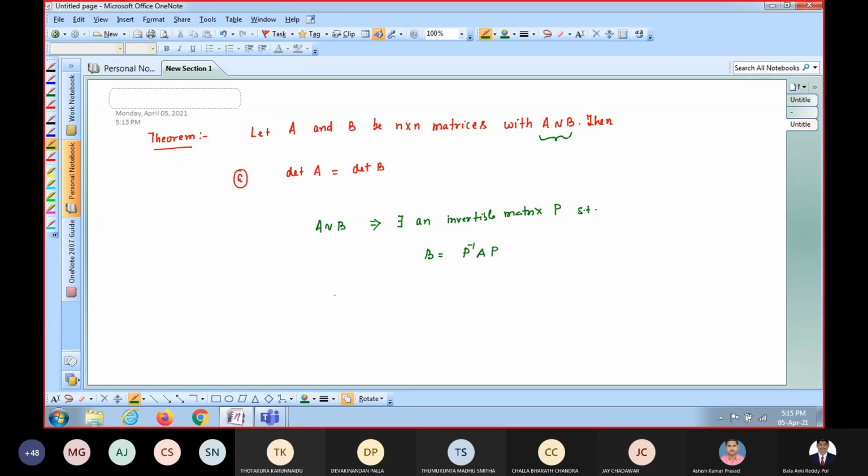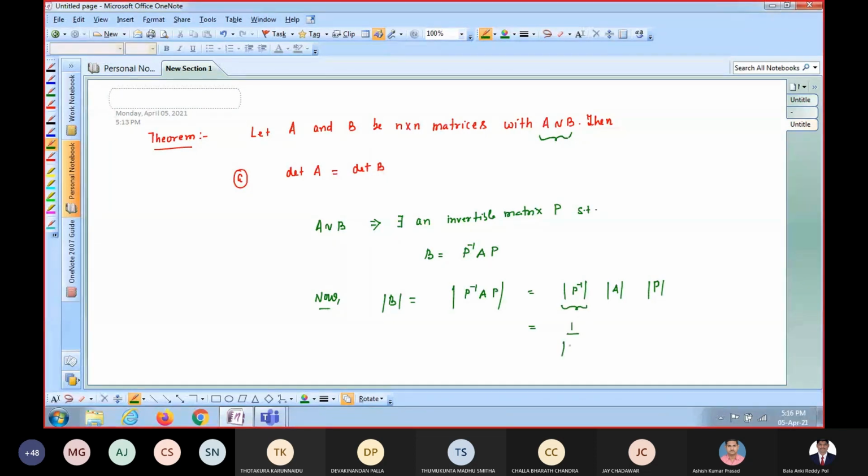Now, what is the determinant of B? This is the determinant of P inverse A P. Now, what is this? This is determinant of P inverse into determinant of A into determinant of P. And what is the determinant of P inverse?